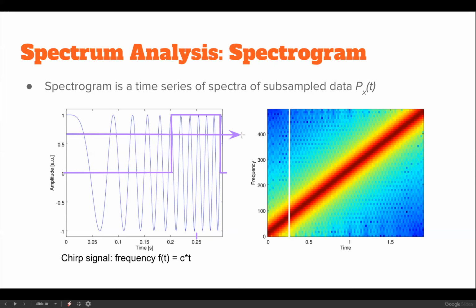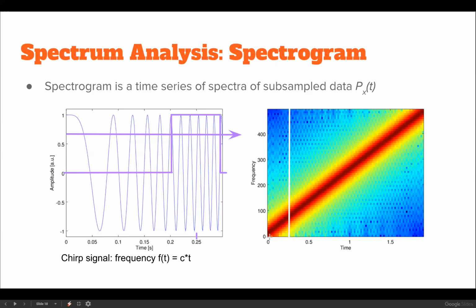When you start moving this window by time and calculate on each time step, you will calculate the individual spectrum and make this a kind of 3D picture. So each of these columns is formed by calculating one spectrum.